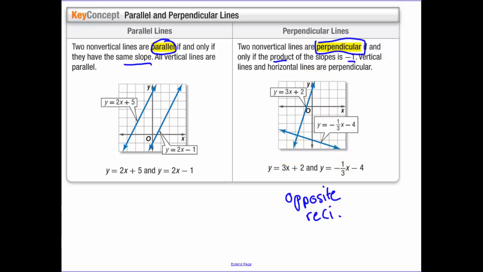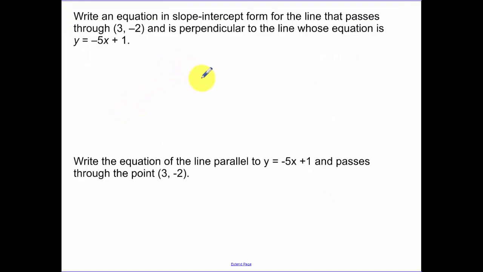Okay, write the equation in slope-intercept form for a line that passes through -3, 2, and is perpendicular to the line with a slope of -5. So my perpendicular slope is the opposite. If this one's negative, my new slope is a positive 1/5. And I have to go through the point -3, 2. Remember, this is an x, this is a y.